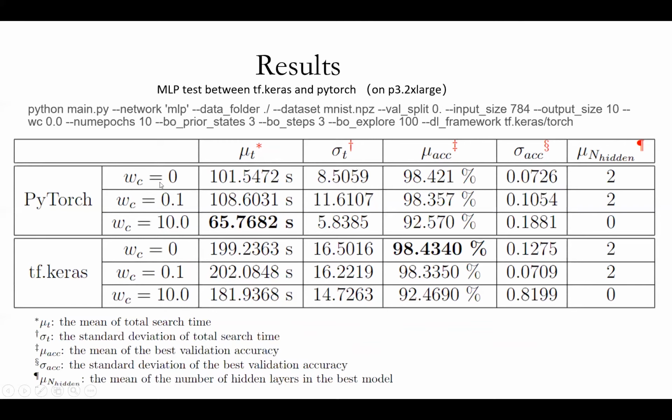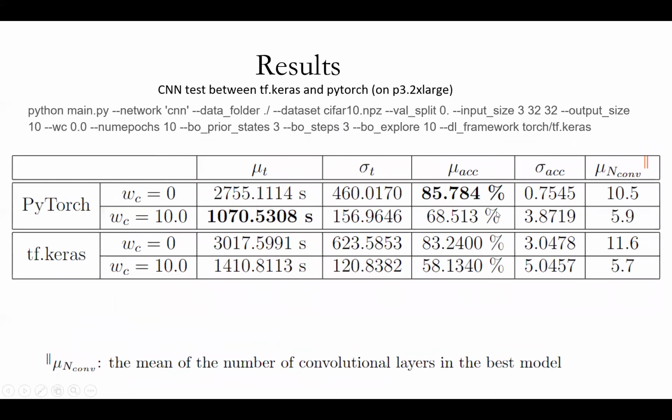WC is a penalty term which penalizes the complexity term. With the increase of WC, the framework tends to learn a lighter network. Here are the results of our CNN classification.